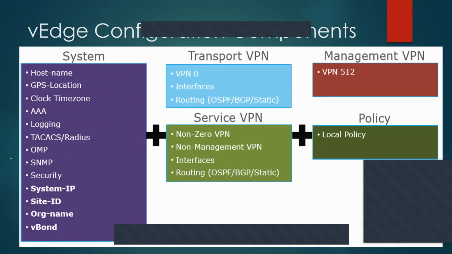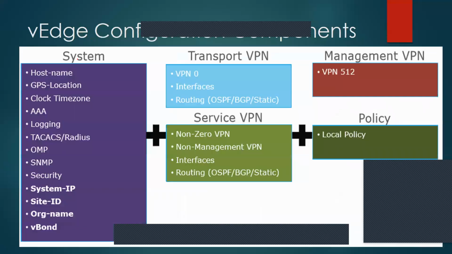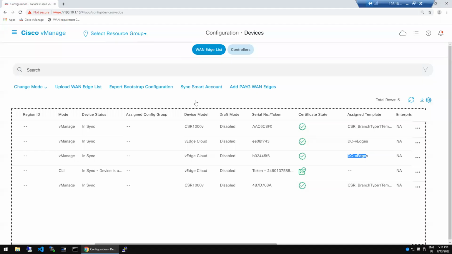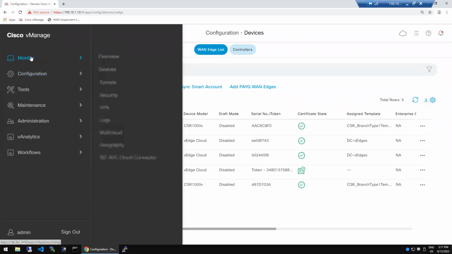Okay, let's move on. We were talking about the GPS. You asked me earlier about this GPS location, and I was about to show you that. Let's go back and check the GPS thing. If I go to this menu, monitor, once you are inside the monitor, you can see at the bottom this geography.